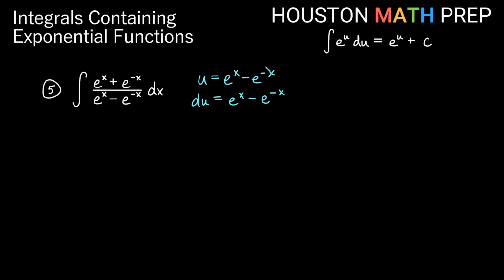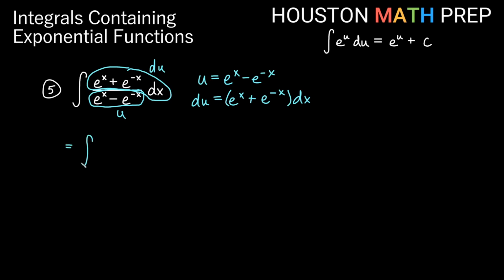It would give us multiply by this negative 1 derivative in here, and that would put a plus there, right? So we actually get du is equal to our numerator entirely. So this part down here is now u. This e to the x plus e to the negative x dx is actually exactly du based on that negative 1 coming out from the chain rule and giving us a different sign there.